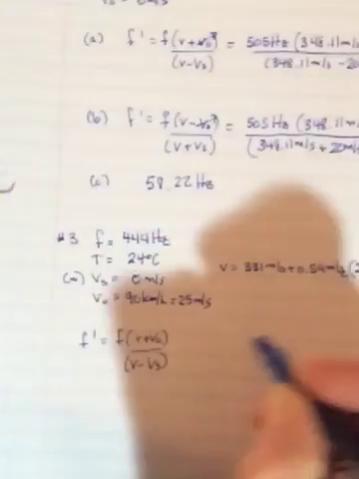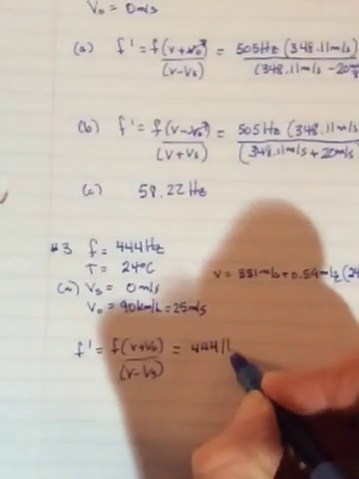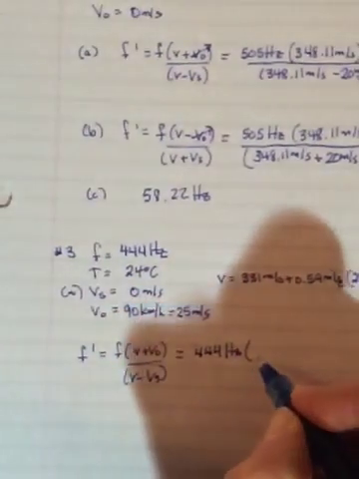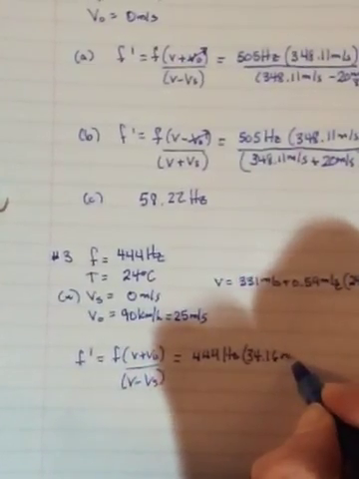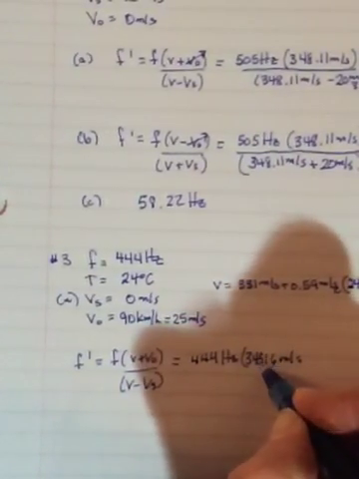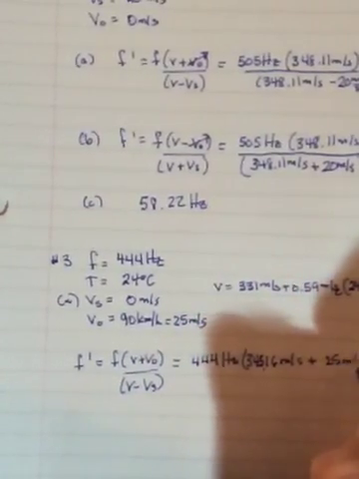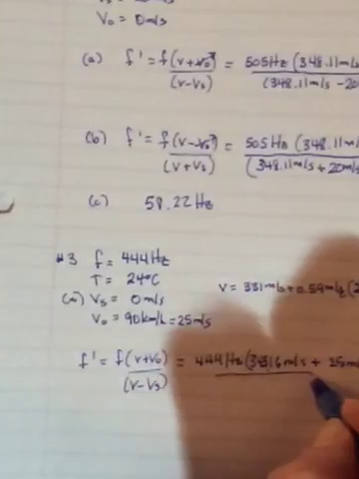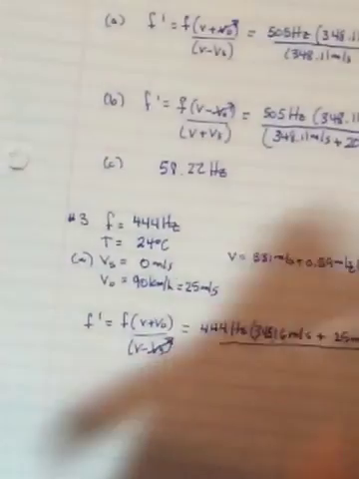So we will do F prime is equal to F, V plus VO on the top, V minus VS on the bottom. Okay, now we fill our numbers in, 444 hertz. The speed of sound, 345.16 meters per second, plus this time, the 25 meters per second, and there is no speed of source, so that goes to 0.